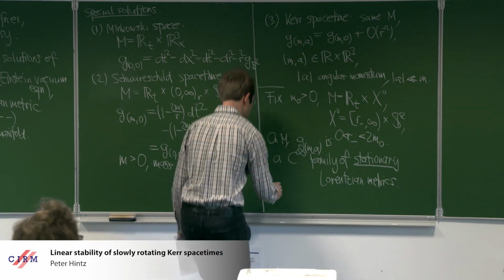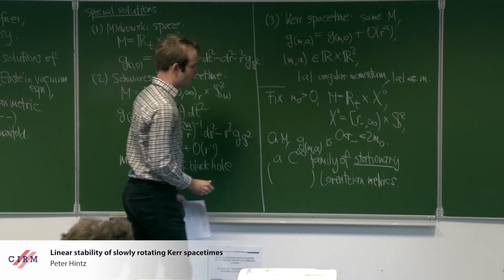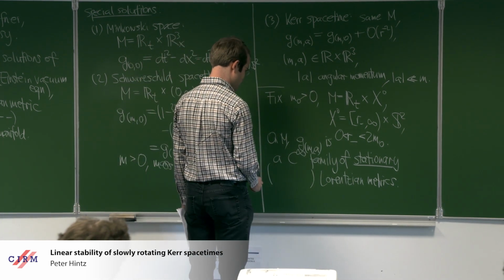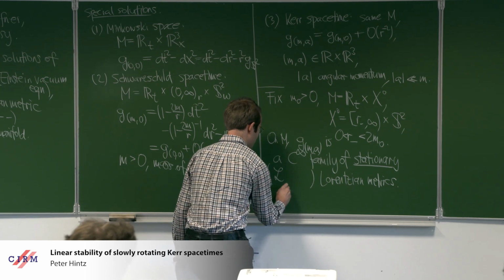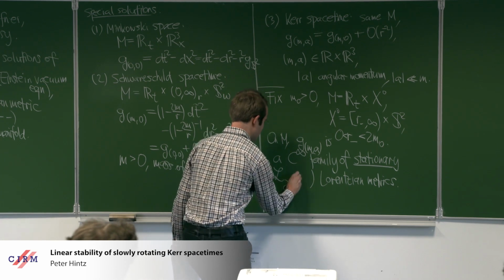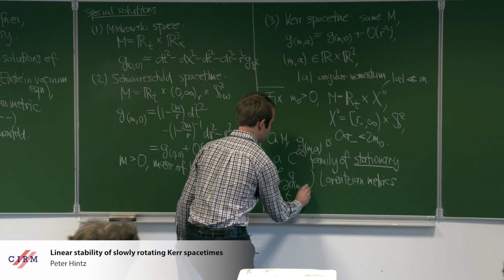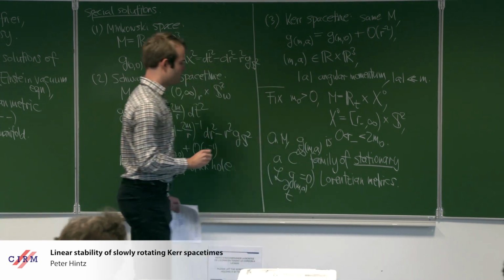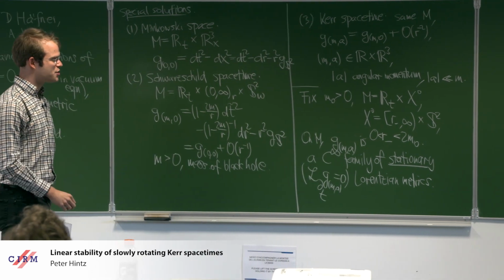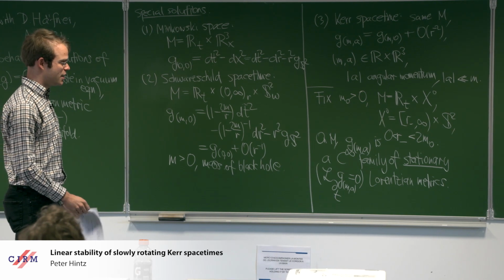Stationary just means that there's a time-like Killing field that Alex also used in his talk. So the Lie derivative along d/dt of all these metrics is equal to 0, or even more simply, the coefficients of the metric are time independent.